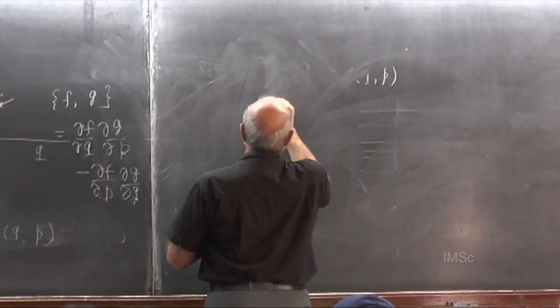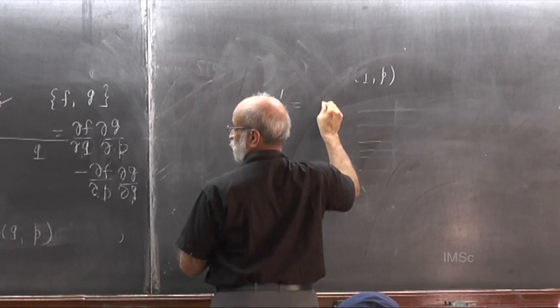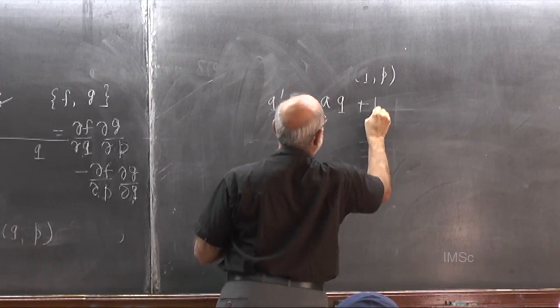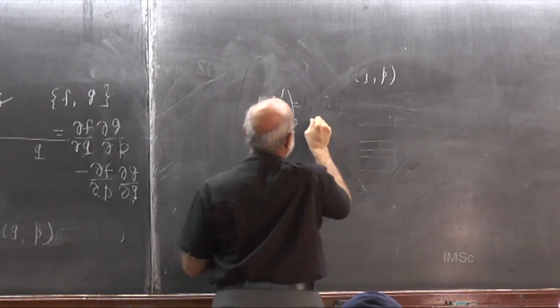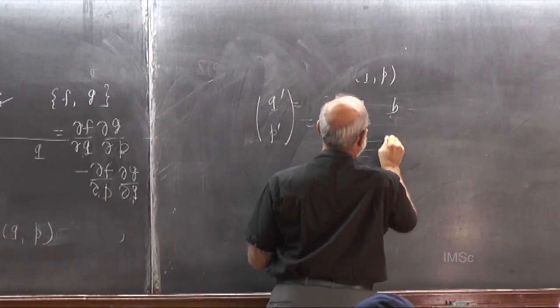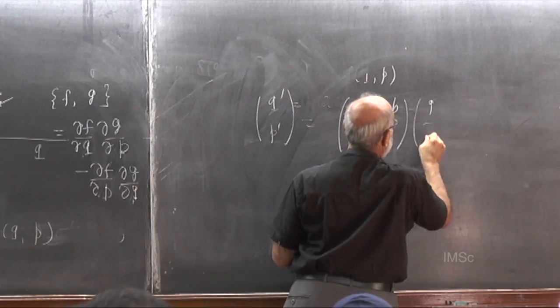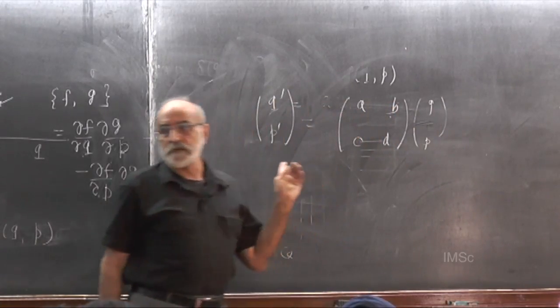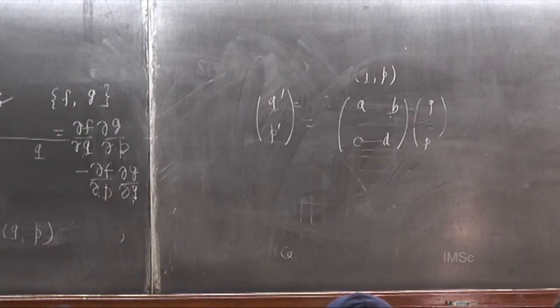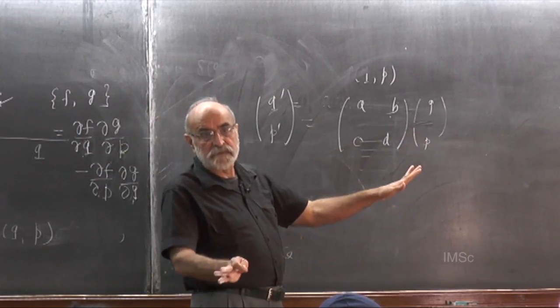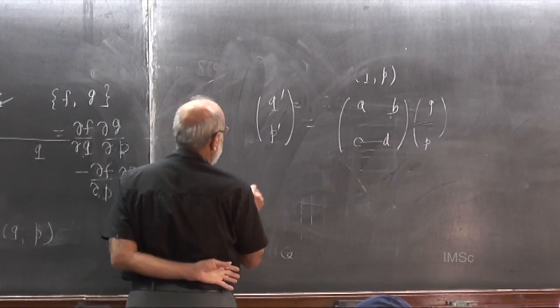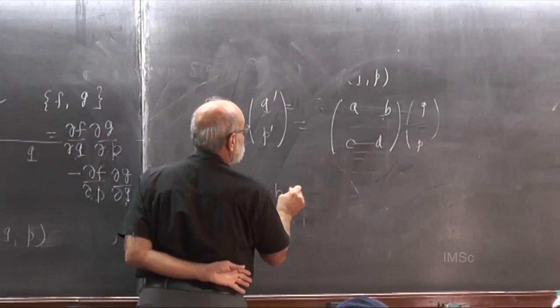So we've got Q prime is equal to AQ plus BP, or we can write it in matrix form: Q prime, P prime is equal to the matrix ABCD acting on Q, P. You can check that in order that Q prime and P prime satisfy the canonical commutation relations, this matrix ABCD, where ABCD are real numbers because we are dealing with a real phase space, must be such that AD minus BC is equal to 1.